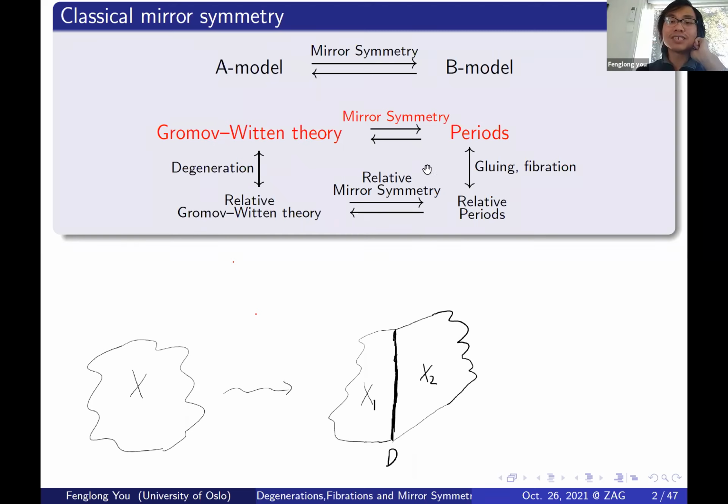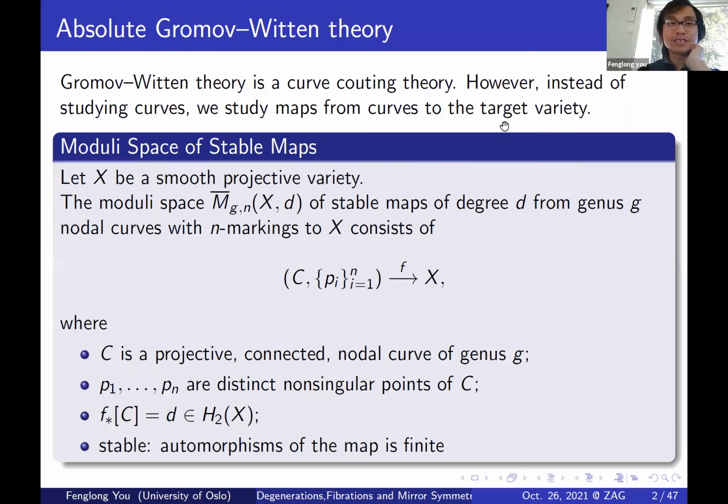What's more recent is relative mirror symmetry and the relation between periods. First, I will briefly talk about the horizontal line above here, which is the Gromov-Witten invariants and periods.